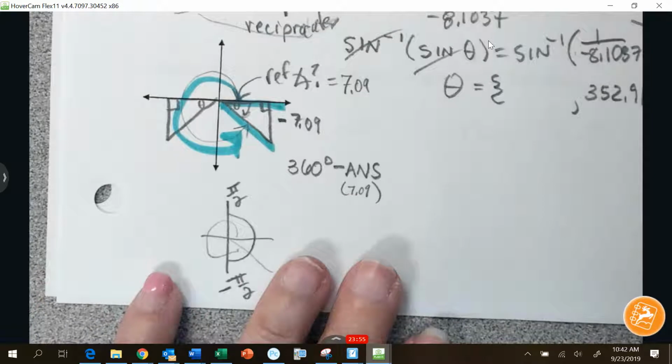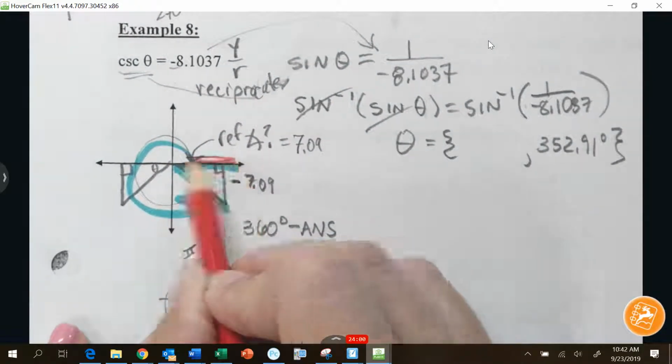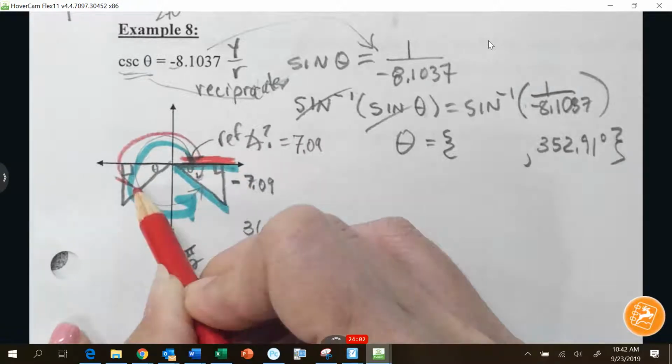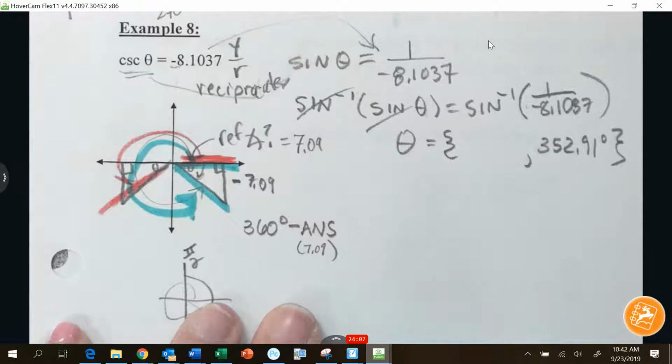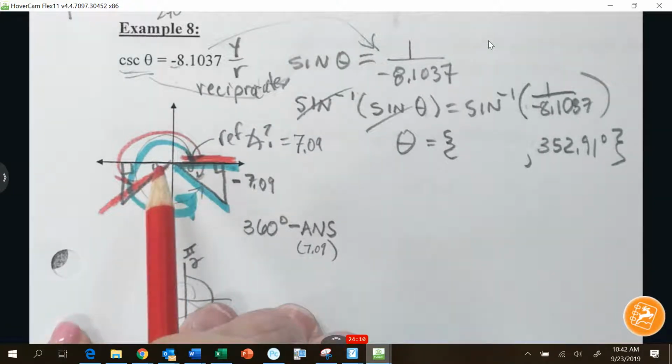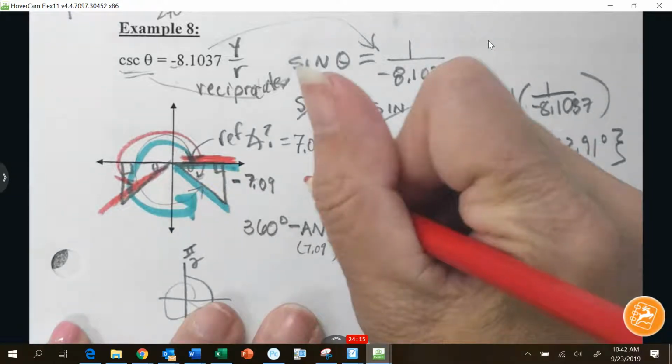So from here, we have to find the other answer, which is starting at 0, rotating around to here. We know that our little theta is 7.09. How can I get this red angle here? 180 plus 7.09.